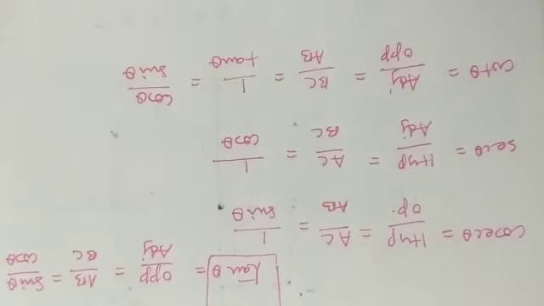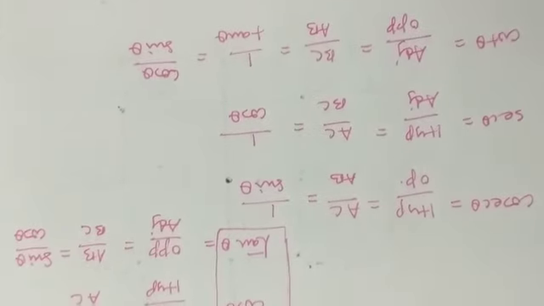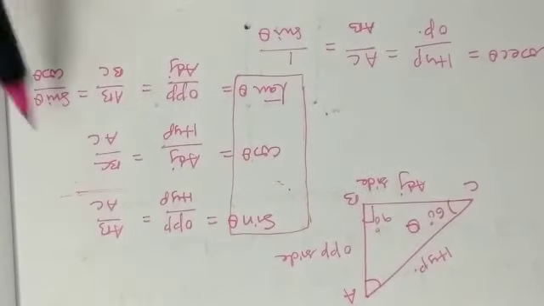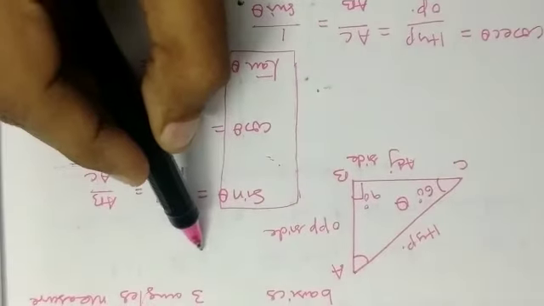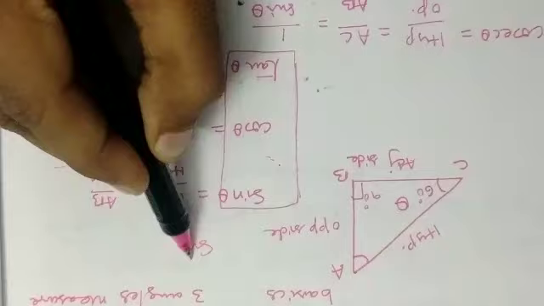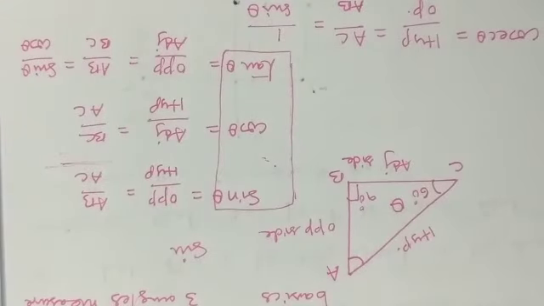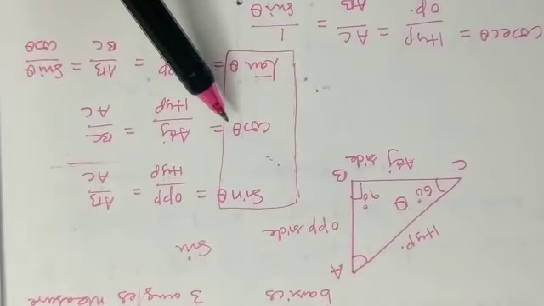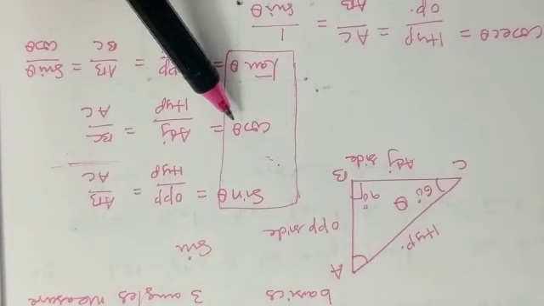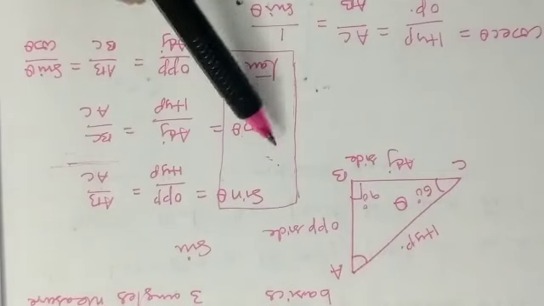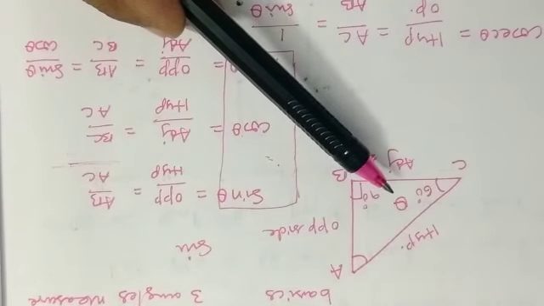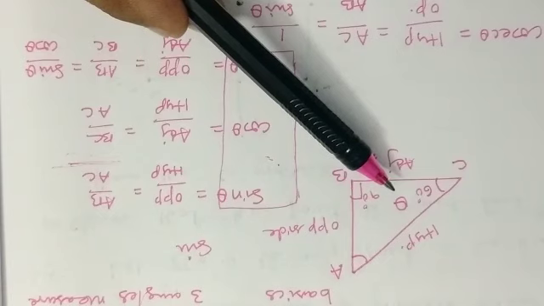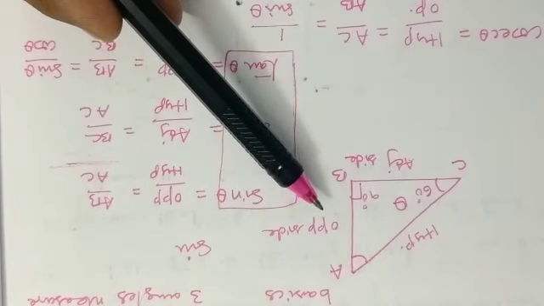And a very important point is, without this theta, sin has no meaning. Only sin has no meaning. Only cos has no meaning, because basing on the theta itself, you have to recognize the opposite side.